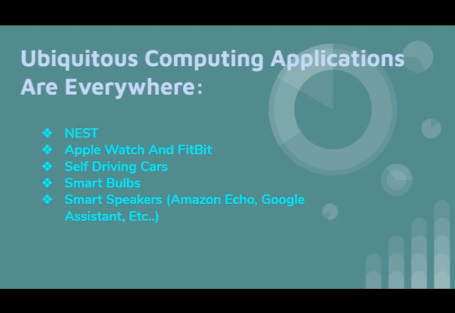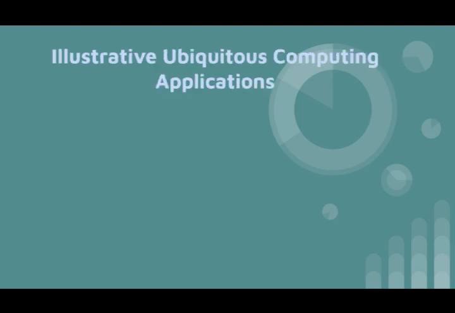We are going to see these five properties further in our video, but for now just focus on these computing applications. They are kind of advanced, but for information they are there. Then the next point is the illustrative part, which means we need to illustrate what types of ubiquitous applications are there.